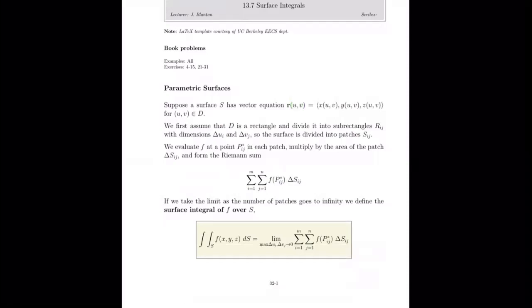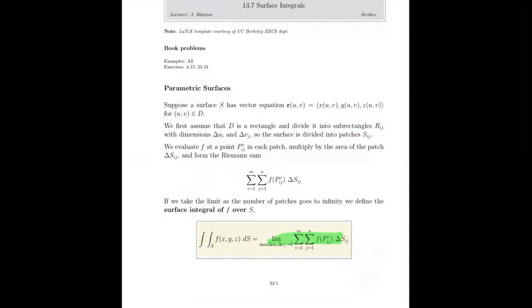So this, of course, as we take the limit as the max of delta u and delta v goes to 0, in other words, we're shrinking our subrectangles and consequently our patches on our surface S, we can define our double integral of the function f on the surface S via the limit of this Riemann sum.